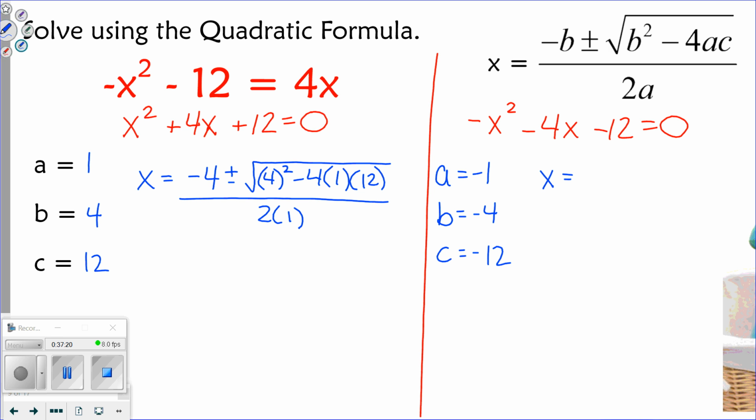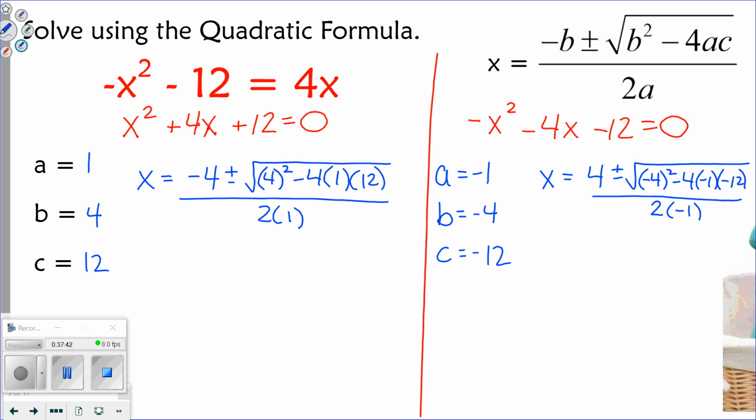So over here, negative b would make that positive 4, plus or minus square root negative 4 squared minus 4 times negative 1 times negative 12, all over 2 times negative 1. Okay? Again, I just want the comparison. Either way is totally fine.